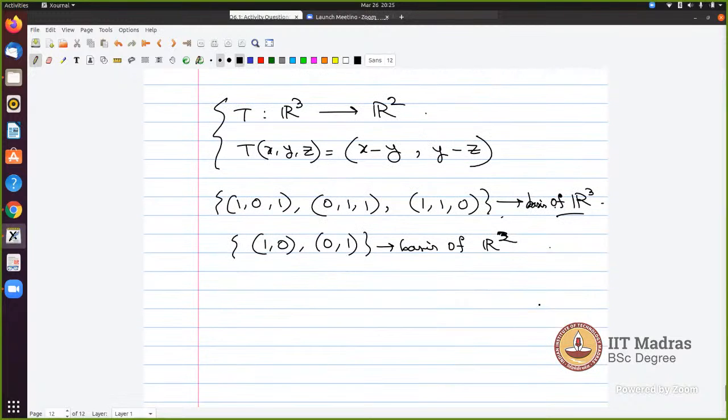So there is a matrix corresponding to this linear transformation with respect to these bases. How can we determine that? Take the images of the basis vectors and then express them. So what is this image? 1. This is -1. This is -1. This is 0.